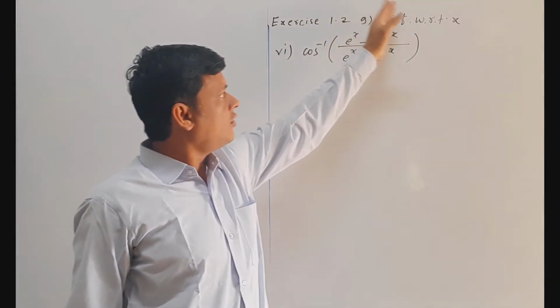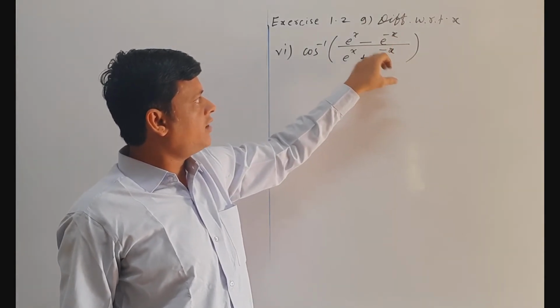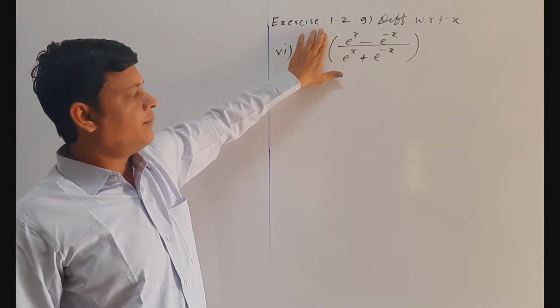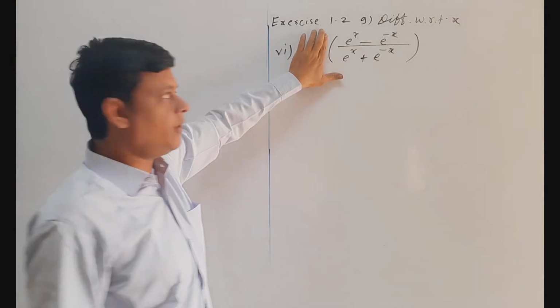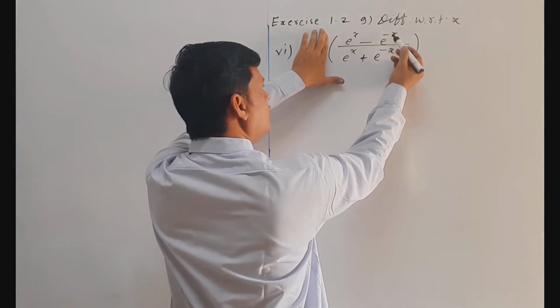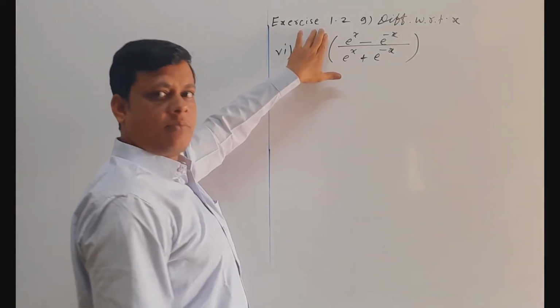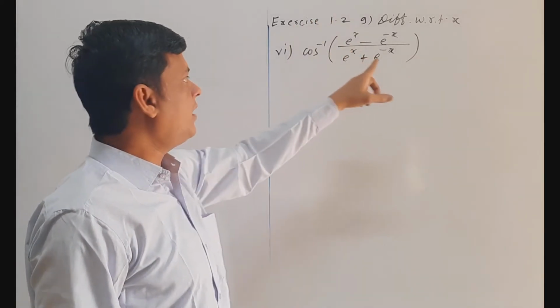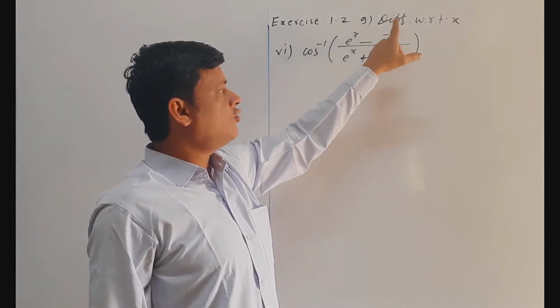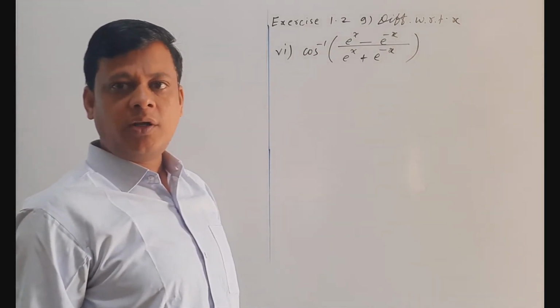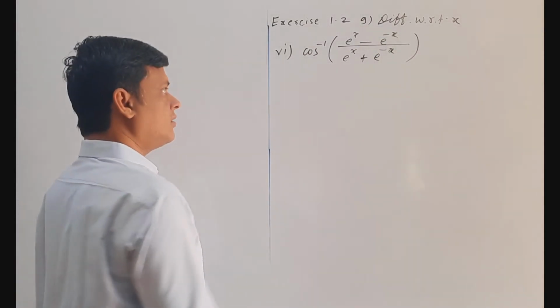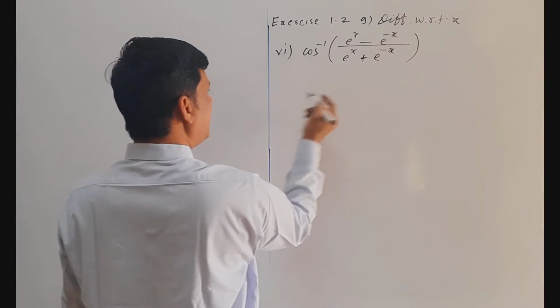First we solve this bracket because we already solved this example: find the derivative of e raised to the power x minus e raised to the power minus x upon e raised to the power x plus e raised to the power minus x. In that example we write e raised to the power minus x as 1 upon e raised to the power x. So we simplify this bracket.